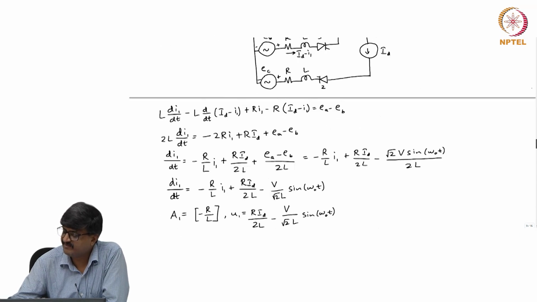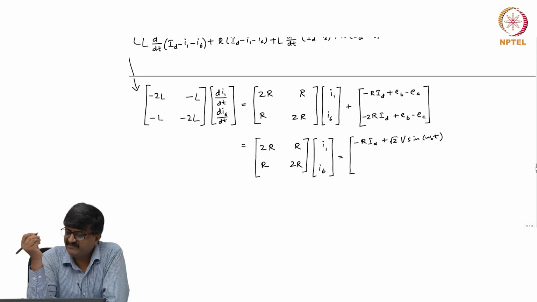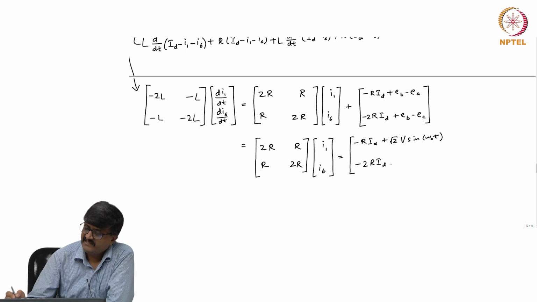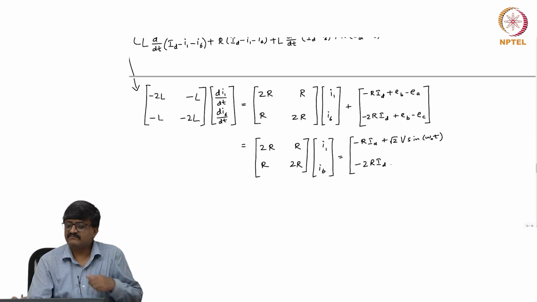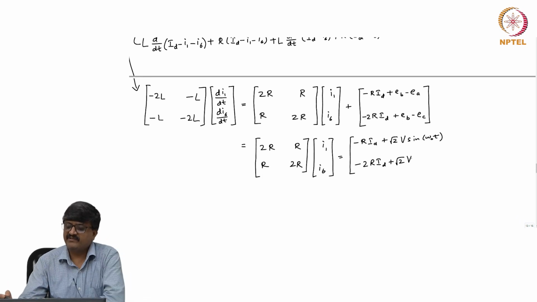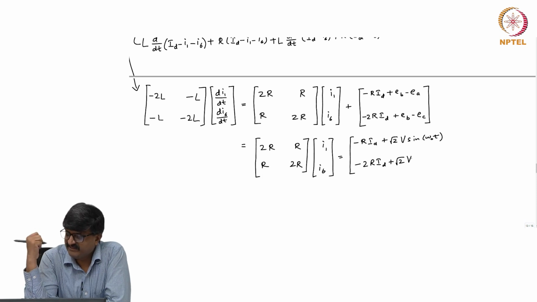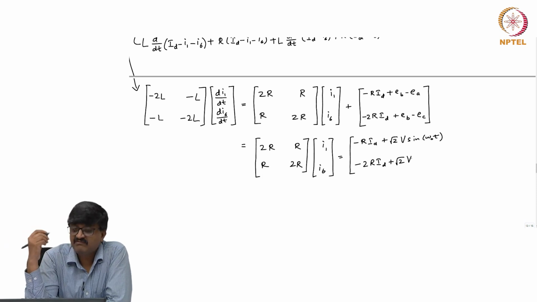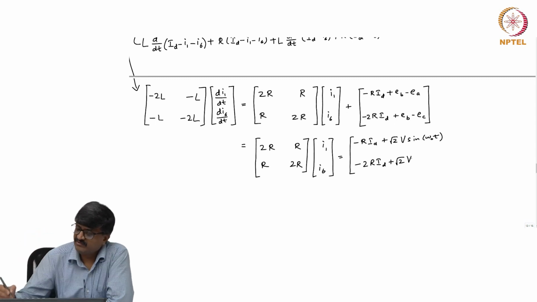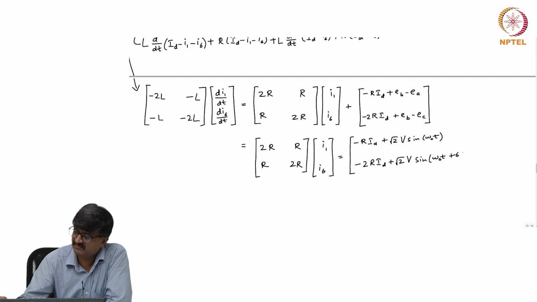So with these expressions for EA, EB, EC, EB minus EA is root 2 V sin omega O t, and EB minus EC is root 2 V sin(omega O t plus 60 degrees).